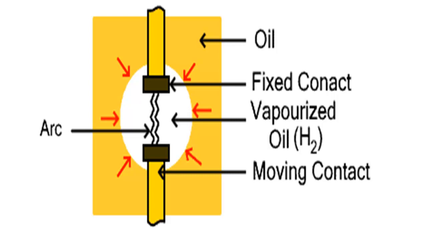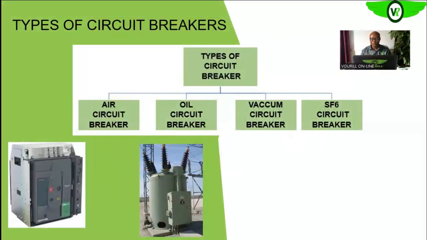That conduction of heat away from the arc tends to reduce the strength or intensity of the arc, and that will help to quench the arc. Once the strength of the arc is weakened, the dielectric strength of the oil will prevent the flow of electricity or current, as it is higher than that of air.